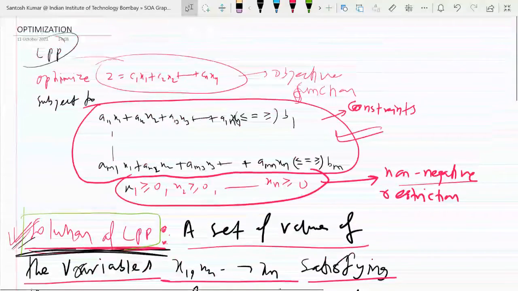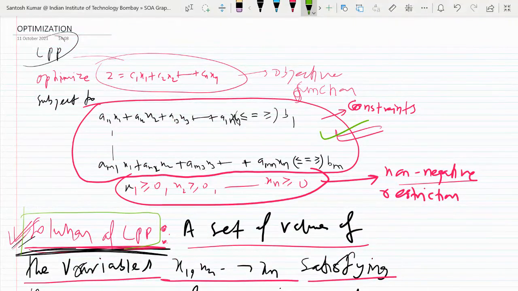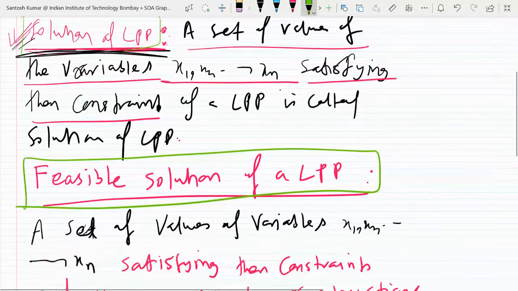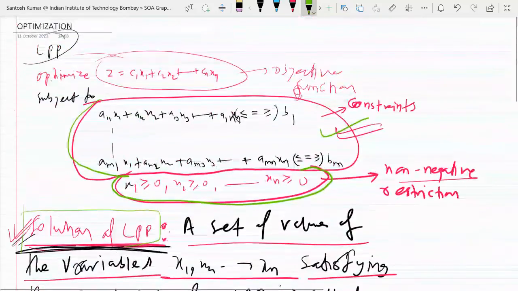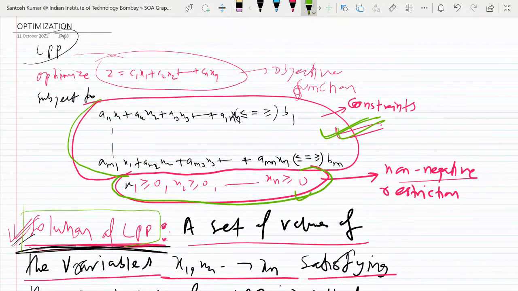Solution means satisfying the constraints. Feasible solution means the constraints as well as the non-negative condition. Now you may guess the definition of optimal solution: the values of x1, x2, xn that satisfy the constraints, satisfy the non-negative condition, as well as give the optimal value of the objective function.